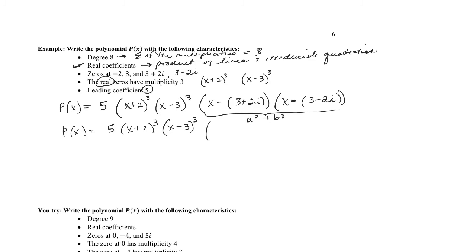Let's give it one more step. I'm going to rewrite this and distribute the negative through. So this will be (x minus 3 minus 2i)(x minus 3 plus 2i). Then we'll do our shortcut with a squared plus b squared.